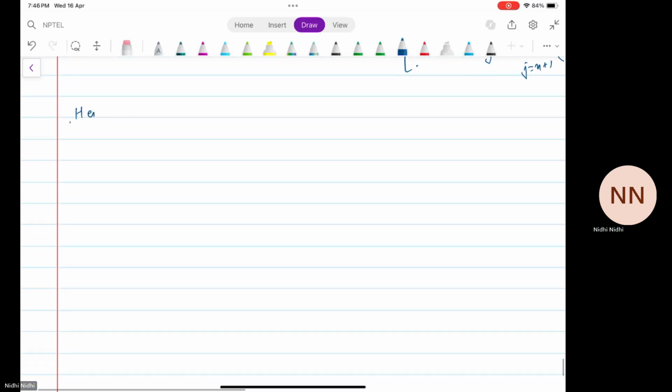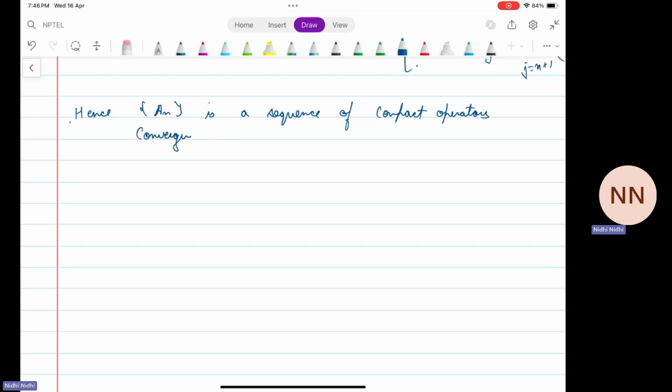Hence, A_n is a sequence of compact operators converging to A in B(L2). Therefore, A is compact, because we know that this limit should also be compact. Hence, we are done.